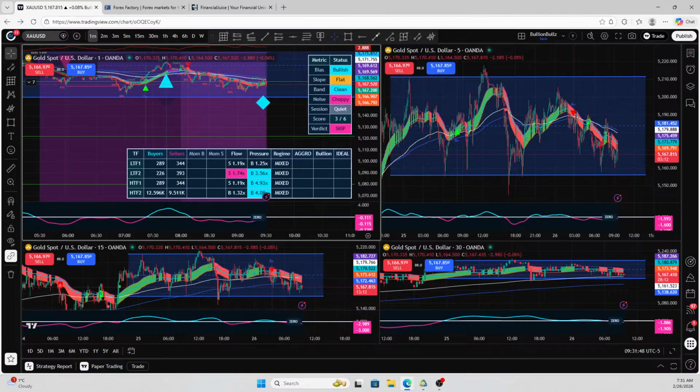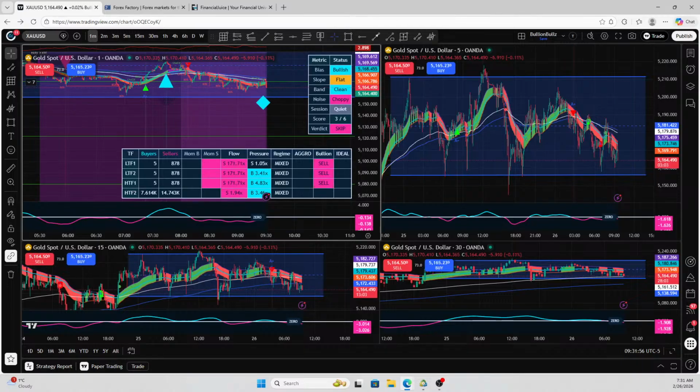As always, we need everything to align before we take our setup. This actually helps us avoid trades that can reverse and don't align with the overall trend.